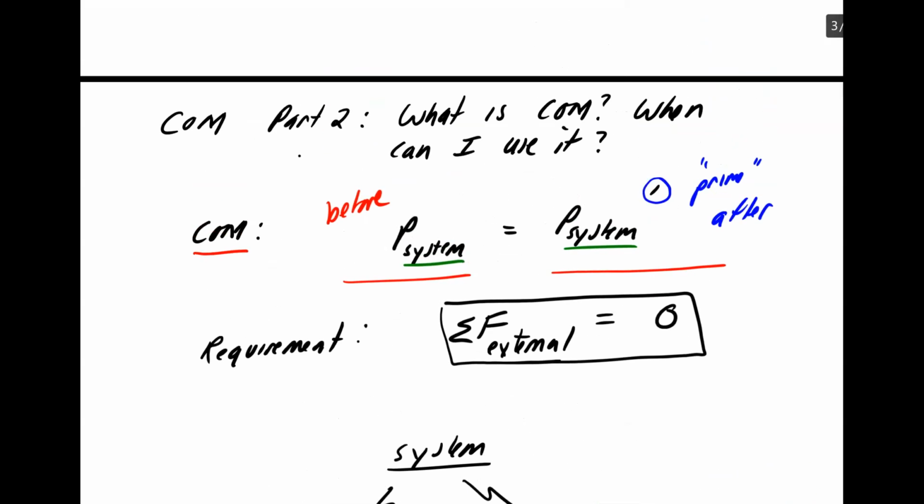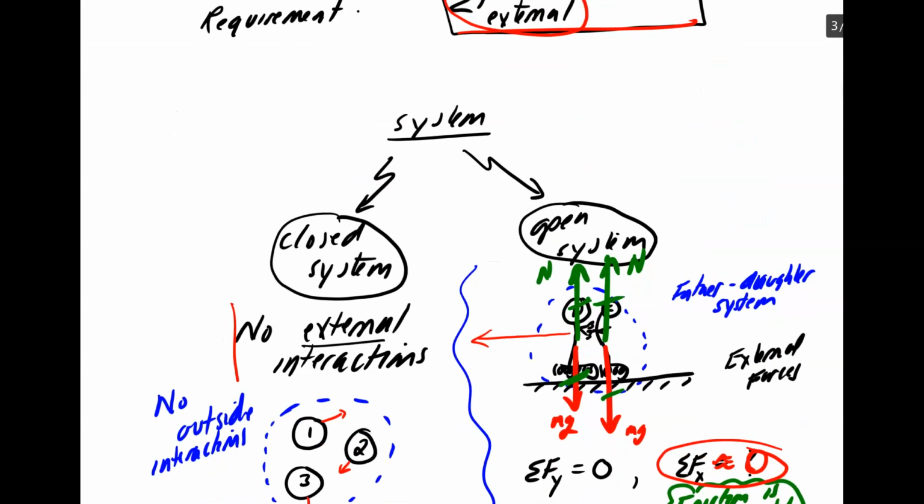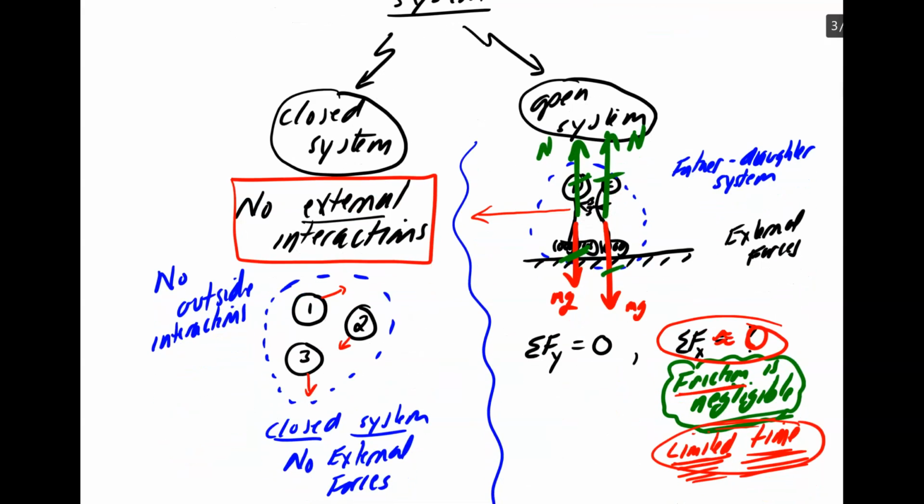So let me just summarize on that. We can apply conservation of momentum whenever we can say that the sum of all the external forces adds up to zero. In a closed system, there are absolutely no external interactions. Momentum in a closed system will always be conserved. In an open system, we are going to have outside forces acting on our object.